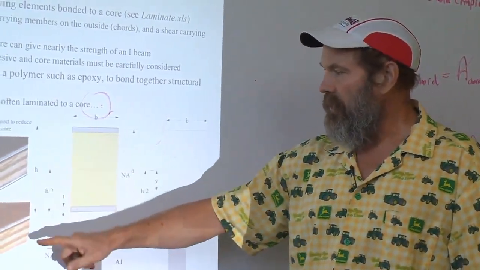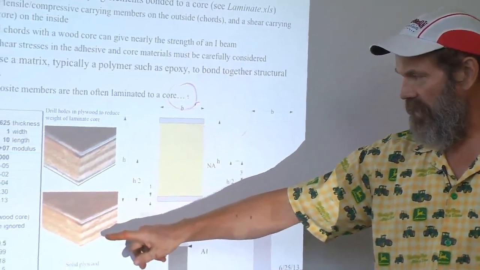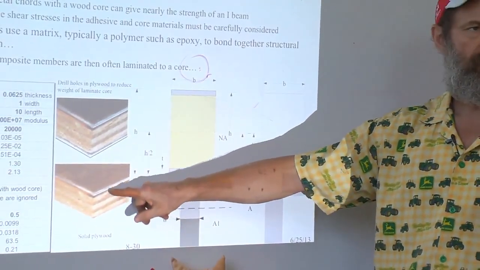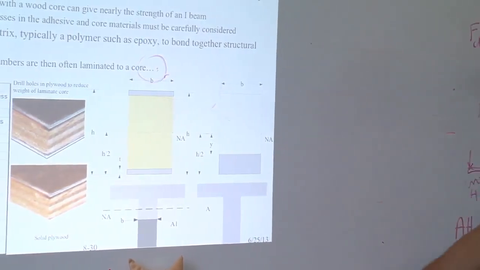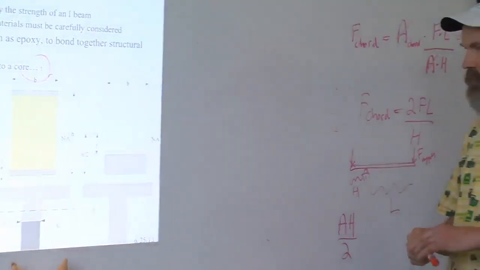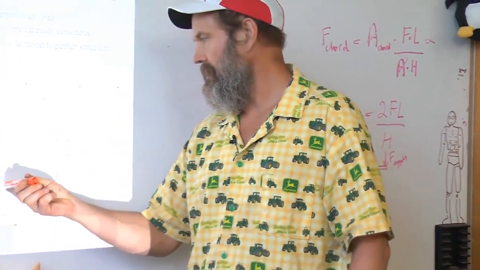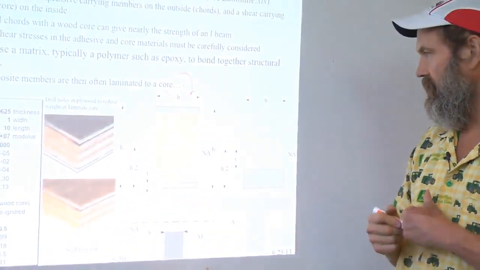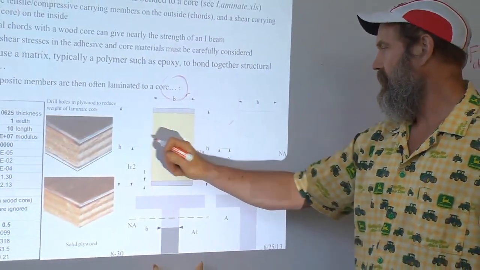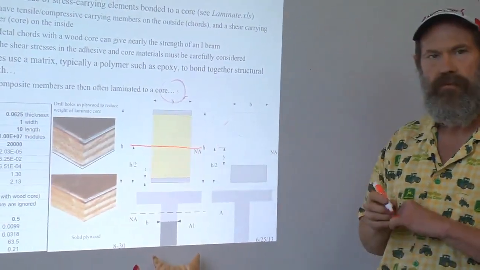In the case of plywood, you'll typically have a good layer of wood on the top and bottom and cheaper, softer wood on the inside. You're not usually worried so much about the buckling of the top and bottom chord. The dominant failure mode when you're looking at these types of laminates is the shear in the middle.